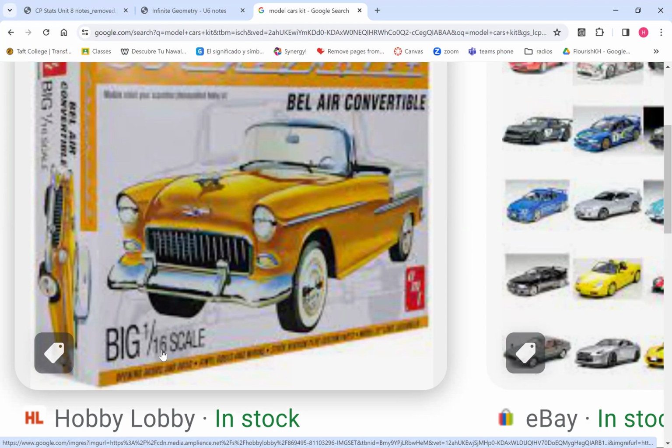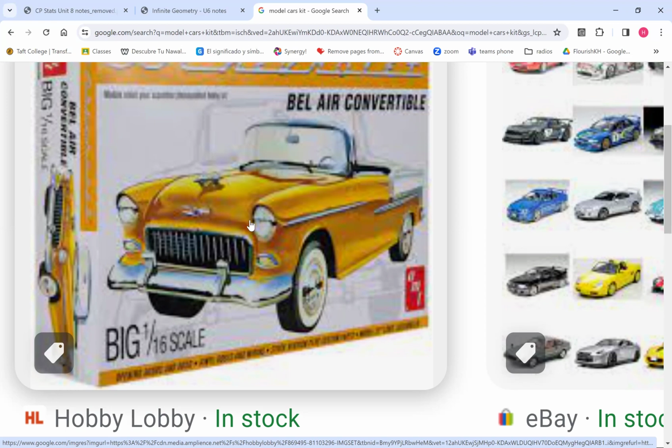So let's say you had an airplane model, or in this case, this car model. You're like, I wonder how big is the windshield, or I wonder how big is this headlight or the tire. You wonder how big is a certain part of the car.